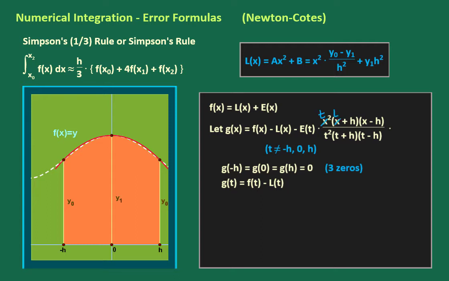Observe that when we replace x by t in the numerator, and that's the only place where we make the substitution, the fraction is actually equal to 1. And so g of t is f of t minus capital L of t minus E of t. But because of this equation, when x is replaced by t, the right side of g of t is actually equal to 0. So the fourth 0 is at x equals t.